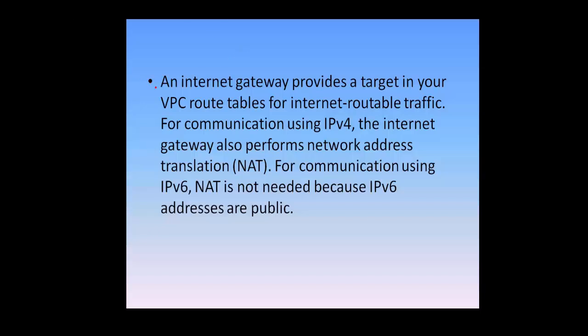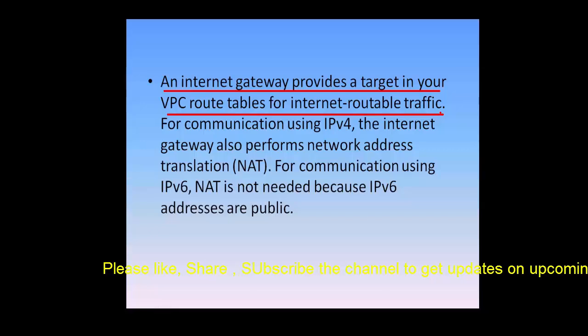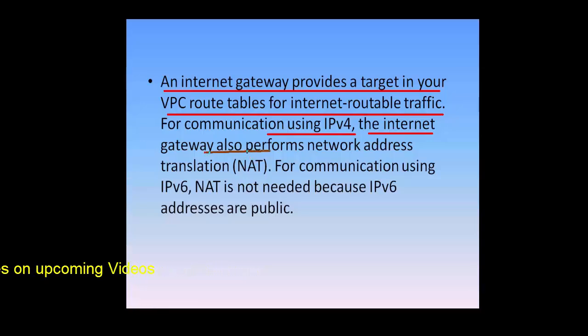So the internet gateway provides a target in your VPC route table for internet-routable traffic. Again, for communication using IP version 4, the internet gateway also performs NAT, which we will discuss in upcoming videos.